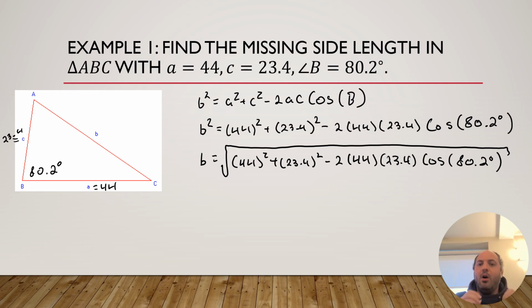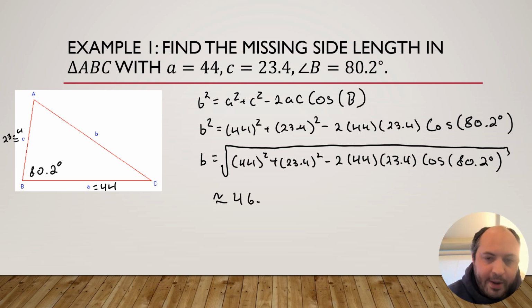At this point, all we need to do is plug this into our calculator to get 46.19. So that's approximately the length here. Now I have side length B.